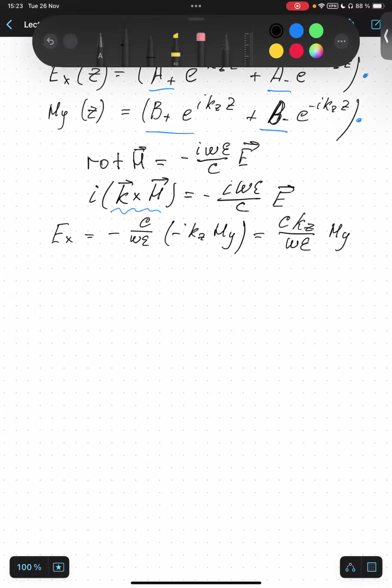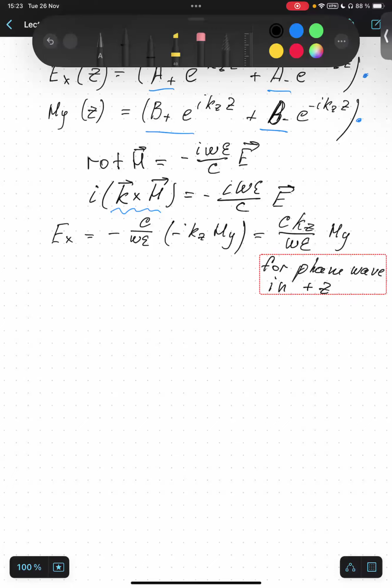So this is for the plane wave traveling in plus z direction, but also we have a wave in minus z direction.